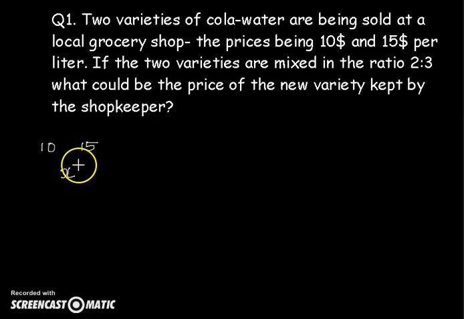We know that in allegation we subtract the quantities as shown in the arrow. So we minus x from 15 and we get 15 minus x, and we minus 10 from x and we get x minus 10. Now these two values should be in the ratio 2:3.